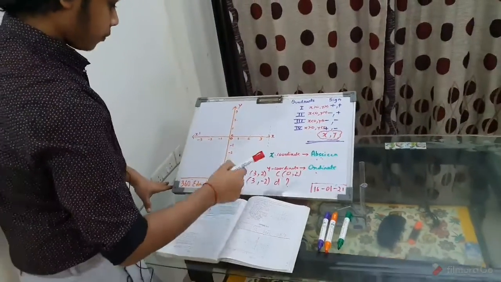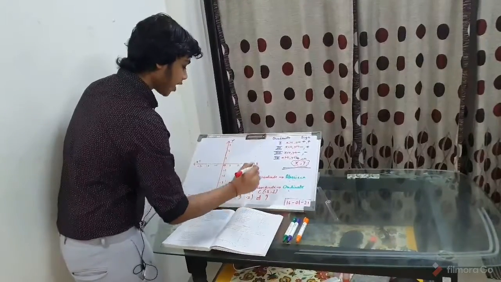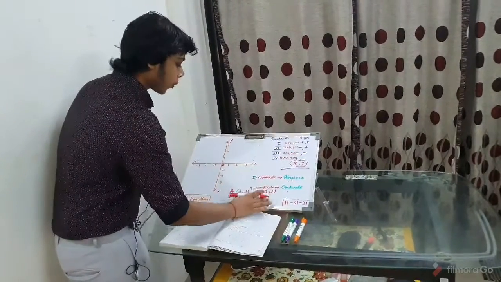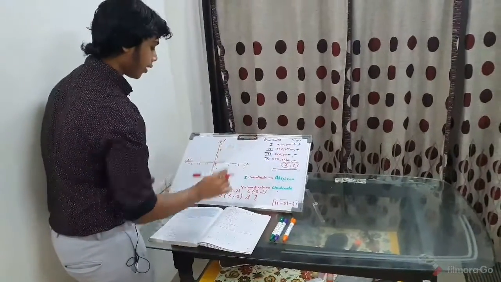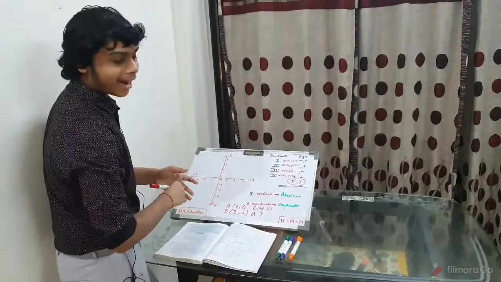So here we have different points. Now let us start the plotting of the points. The question is, they have given us 3 points. We have to find the fourth coordinate, and the figure will be a rectangle.